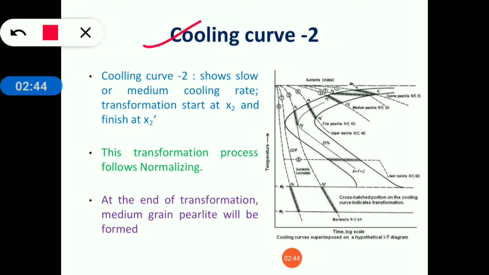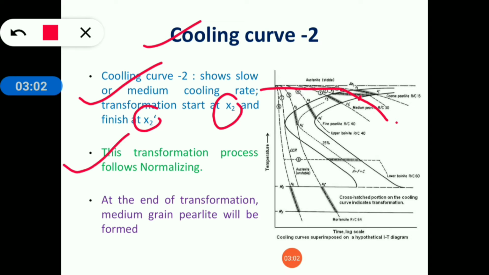So this is cooling curve number 2. It shows a medium cooling rate, and it will start at x2 and finish at x2 dash, x2 prime. This transformation process follows normalizing, because here it will cool down in the medium of air.